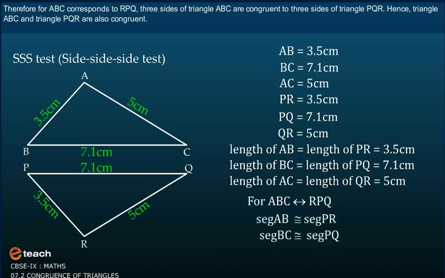Three sides of triangle ABC are congruent to three sides of triangle PQR. Hence, triangle ABC and triangle PQR are congruent.